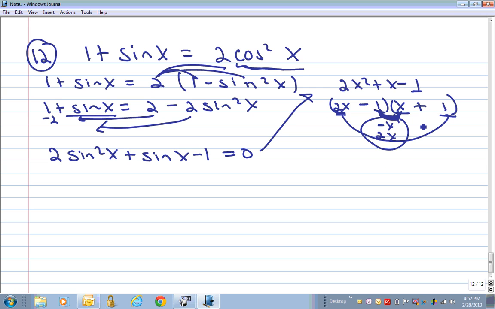That would be how I would factor. If you want to use a box or whatever to factor, feel free. So my factors will be 2 sine x minus 1 and sine x plus 1. All right, so let's keep going.